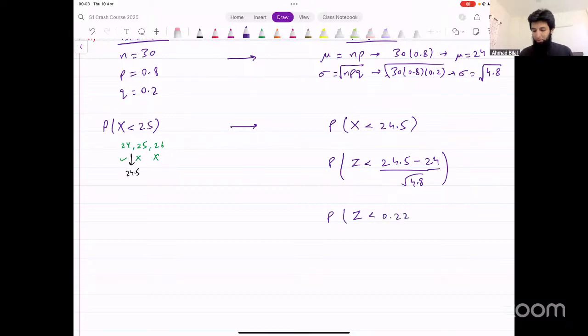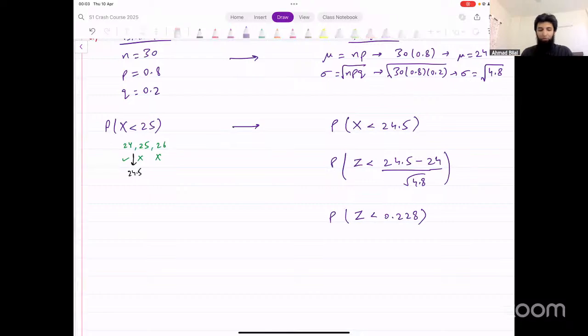Thank you. That's 0.228. And now, is this the standard form? This is z less than a positive number. We could find this probability directly from the table, right? We don't have to convert it anyway. It's z less than positive. It satisfies that condition. 0.228.